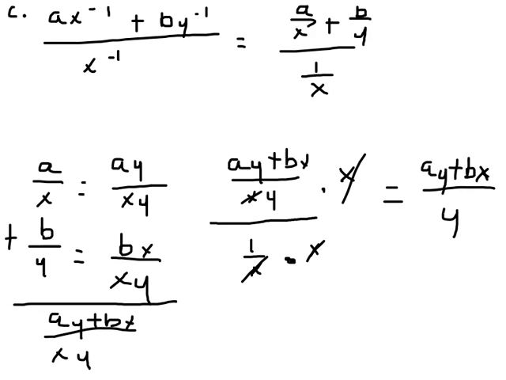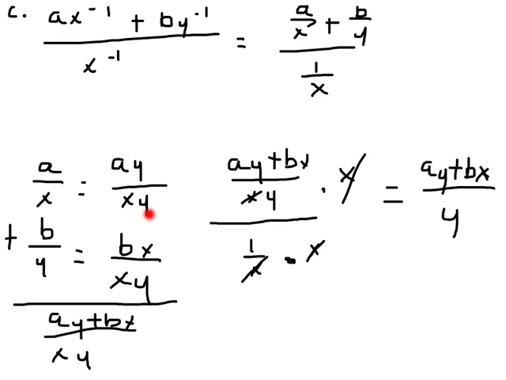Alright, now this one looks a little different, but there is one in your book that's a lot like this. We're going to have to rewrite it in a more standard form with all the exponents being positive. So that would be a over x plus b over y divided by 1 over x. Now I'm going to get a common denominator here.